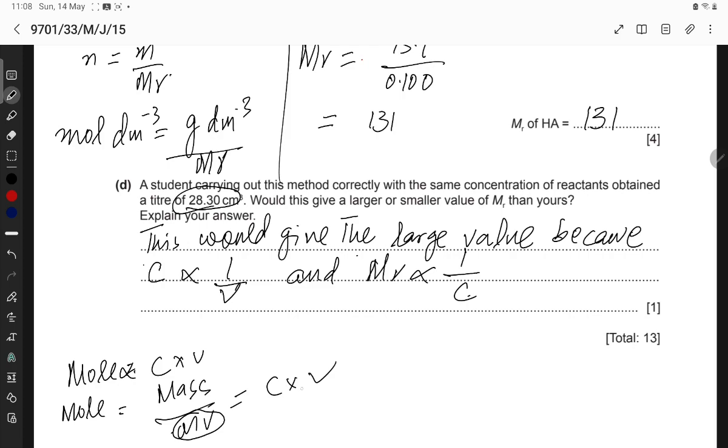If we decrease concentration or volume, Mr is increased. So that's why concentration and volume are inversely proportional to the Mr of the compound. So if we increase the volume, it means Mr is larger, and if we decrease the volume, Mr is lower. So this would give the larger value because of this.